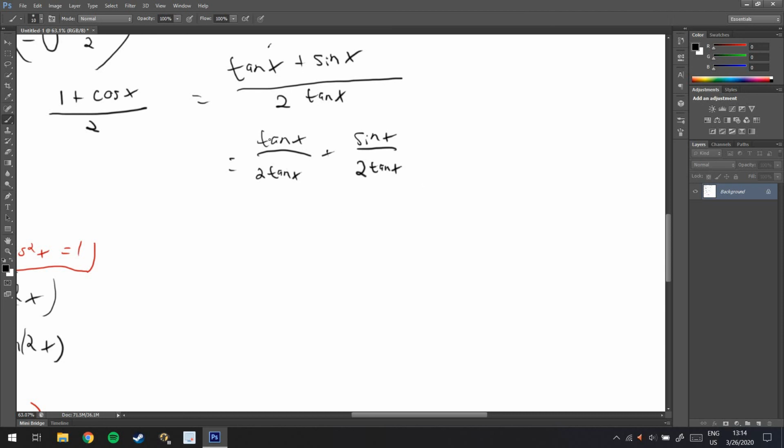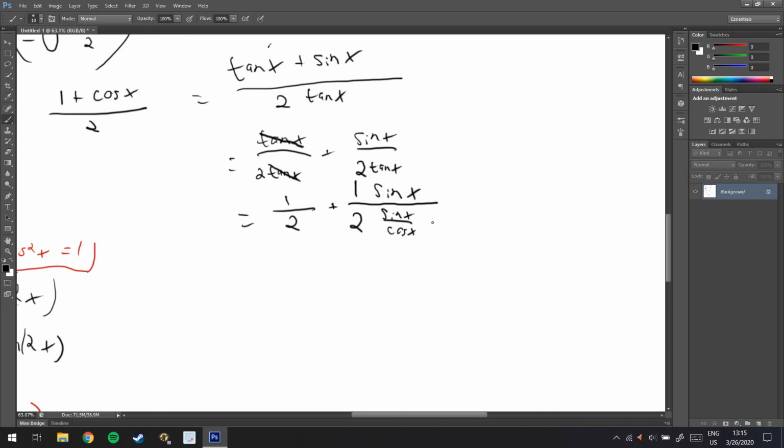Alright, if we notice, I have a tan and I have tan, so these cancel out, which just leaves me with a half. And then I have plus, well, sine stays the same, but then my 2, so I'm going to write this as 1 over 2 tan of x. The 2 stays. Tan becomes sine of x over cosine of x.